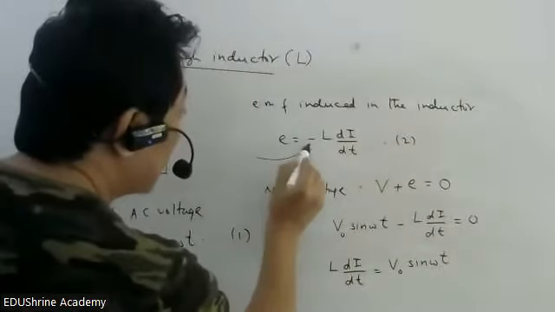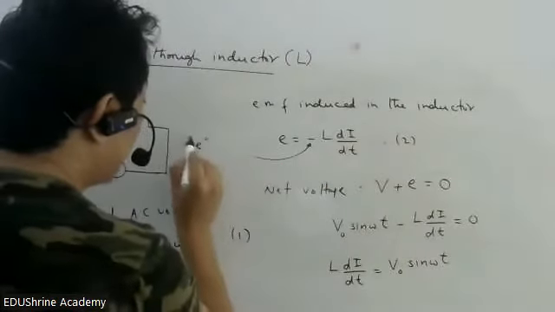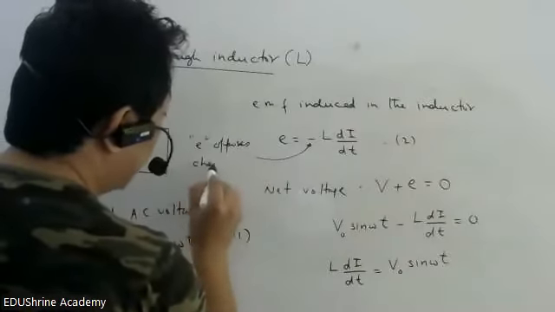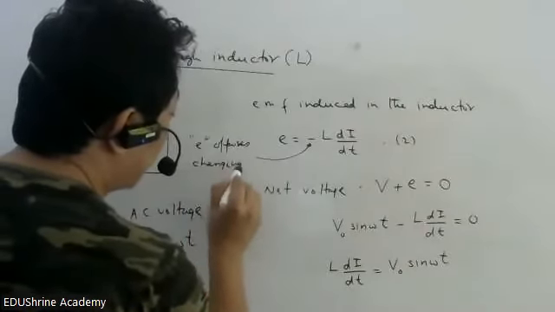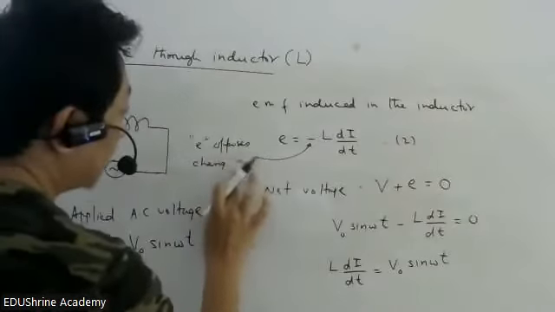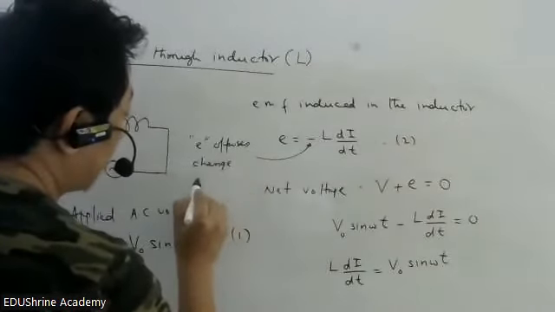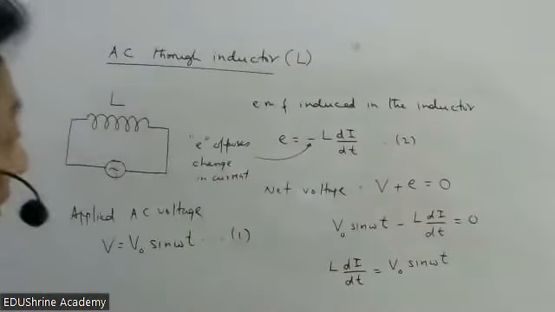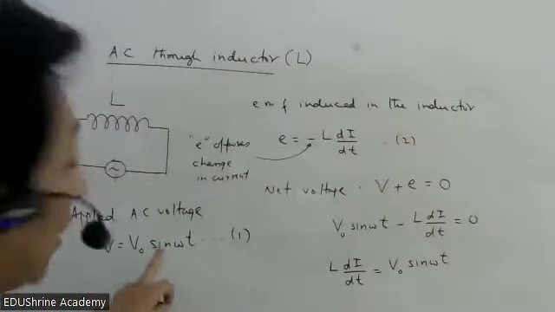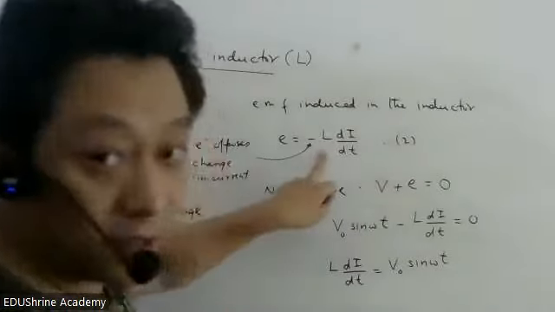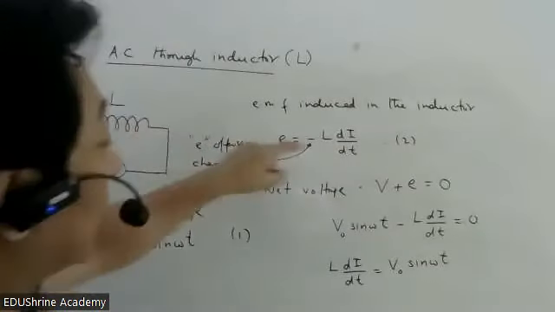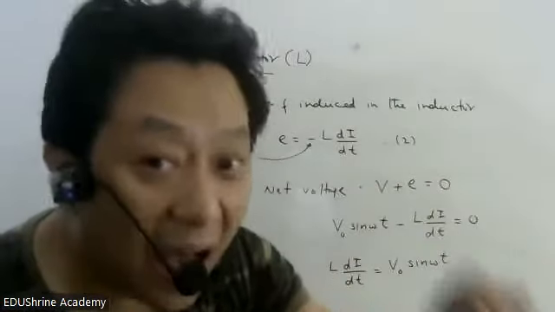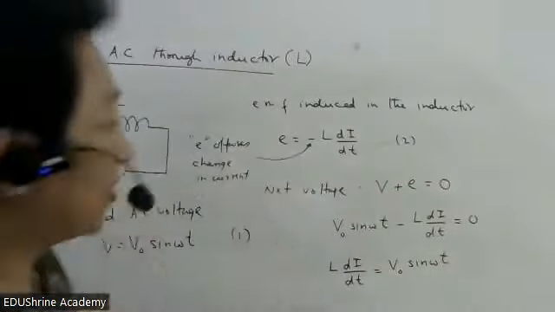The minus sign simply says that the EMF opposes the external agent who is trying to change the current. So the net EMF is the applied voltage plus the voltage induced in the inductor. This is the total voltage, and that should be equal to IR. But there is no resistance, so 0.